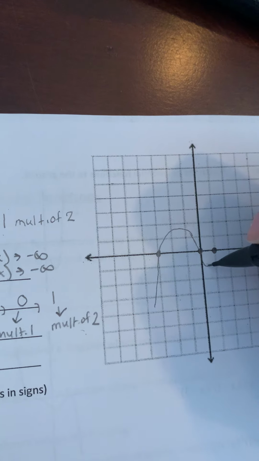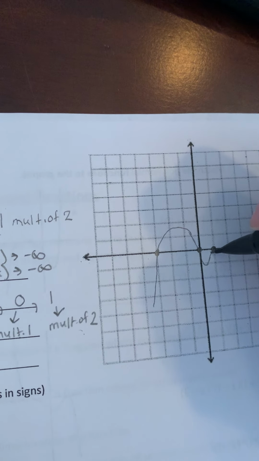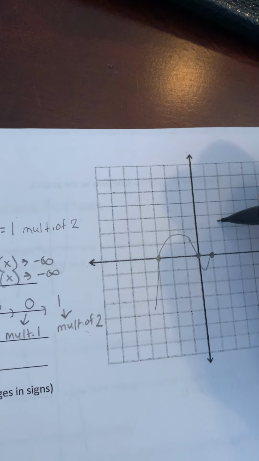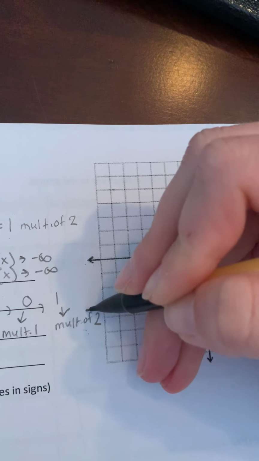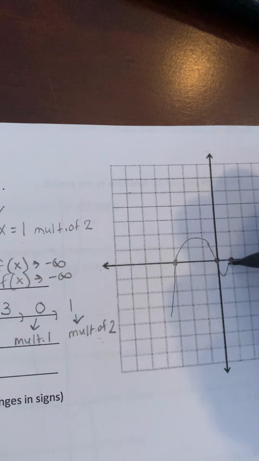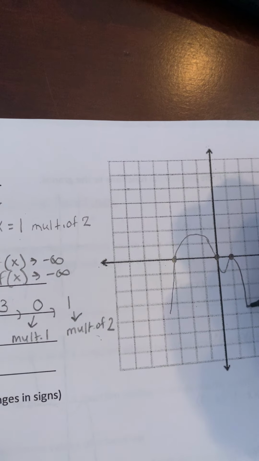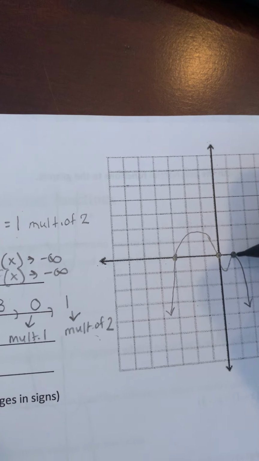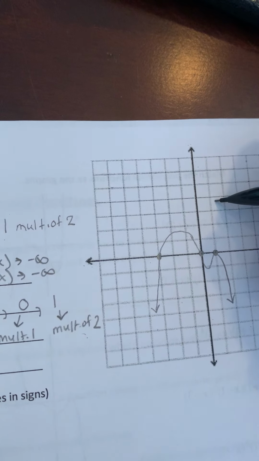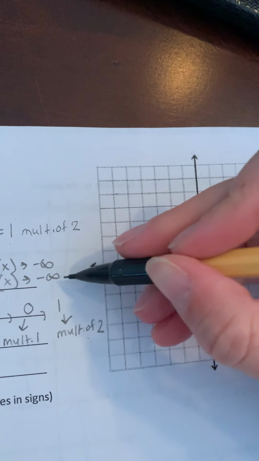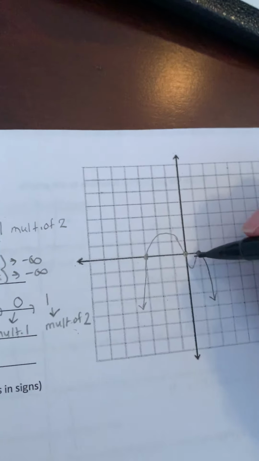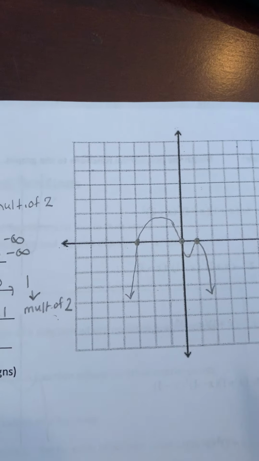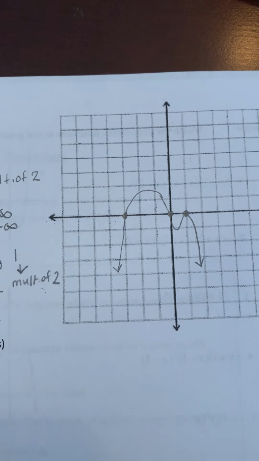Now I'm going to come back up, but this time I don't go through 1, I touch 1 because it has an even multiplicity, and I come back down. And that is really important that I just touch there, because if I'd went through, I would have an end behavior ending up. And remember, we want our end behaviors to both be going down. So this is the general gist of this graph.